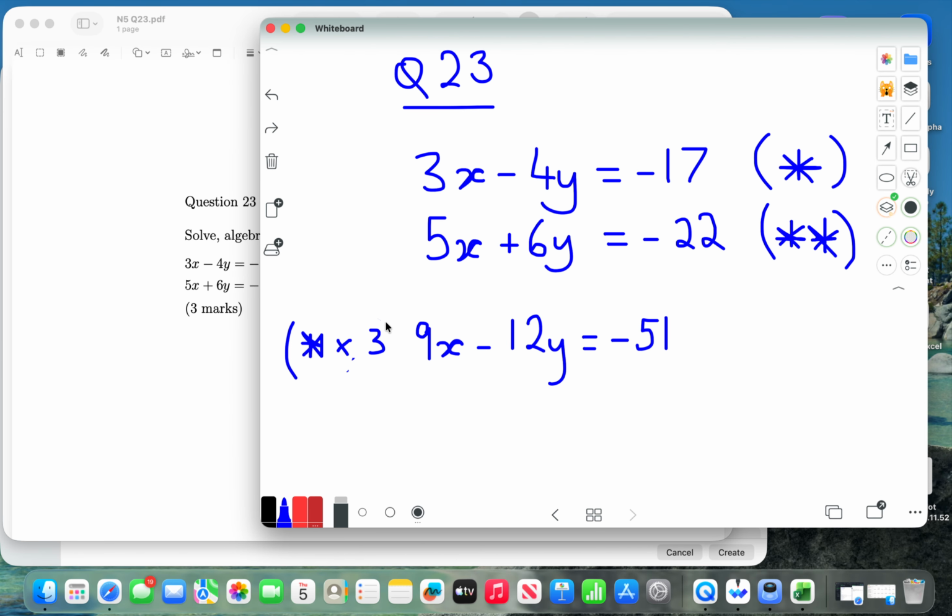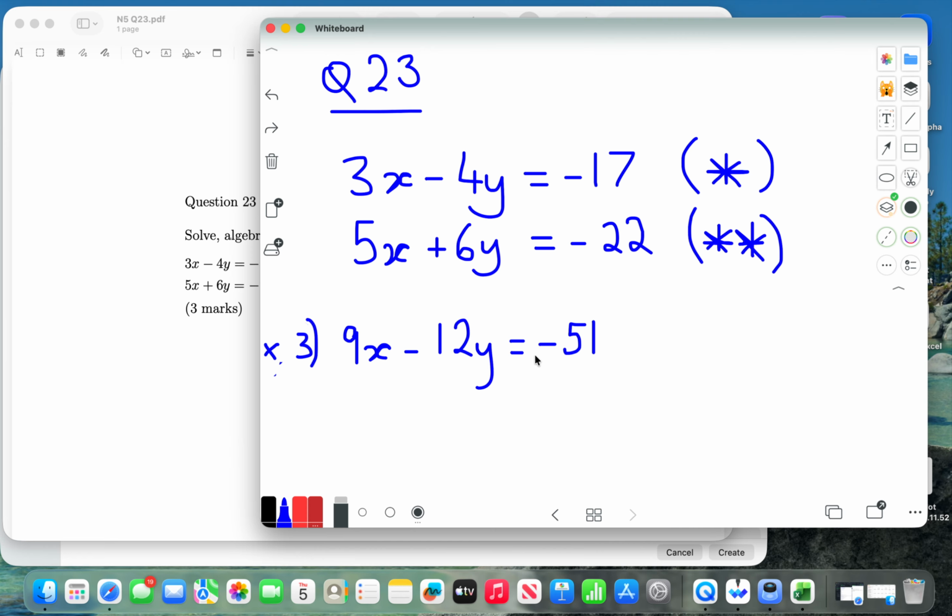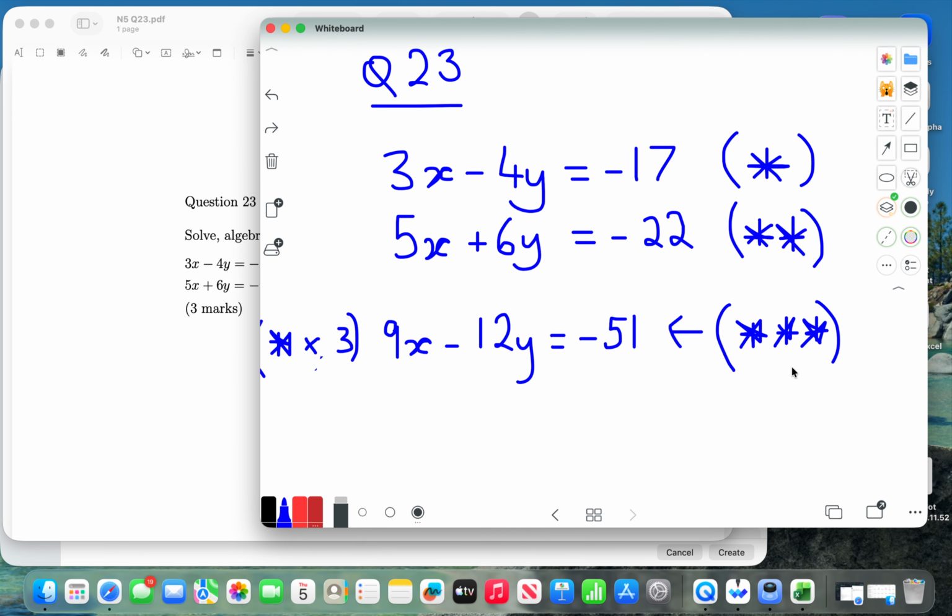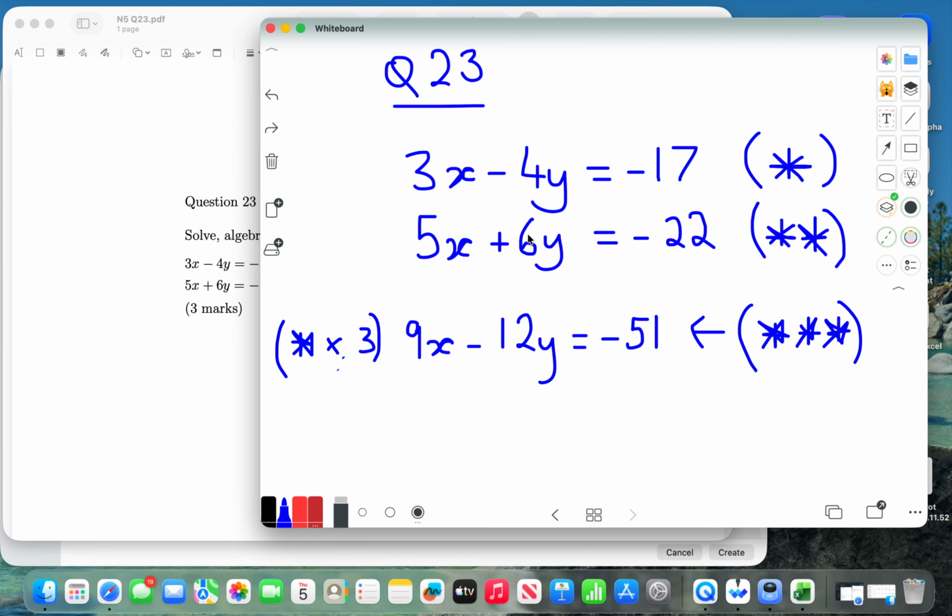Then we can call this one equation star star star.